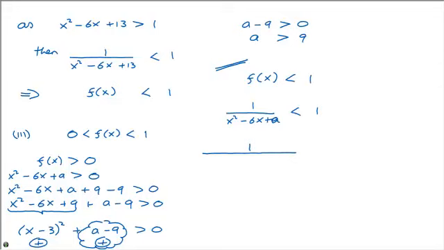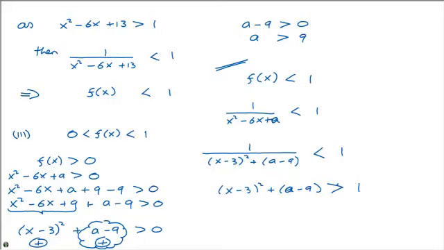So that'll be x minus 3 all squared plus a minus 9 from what we've seen earlier on. And we're going to use that reciprocal fact that was explained earlier on. So we know that x minus 3 all squared plus a minus 9 is less than 1.